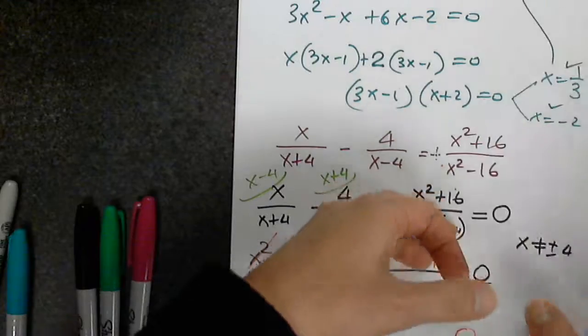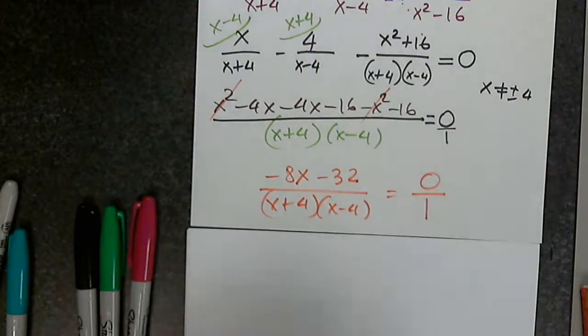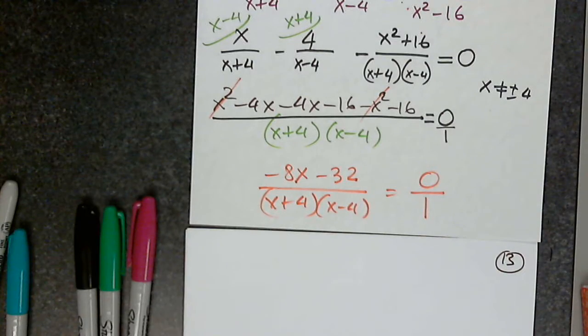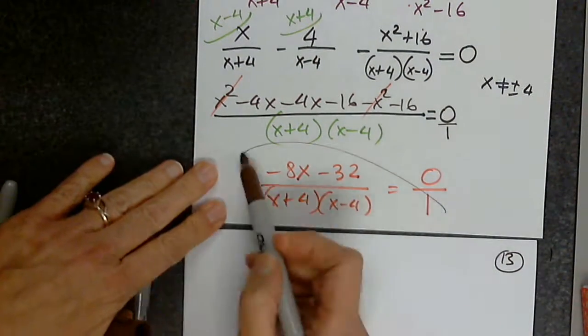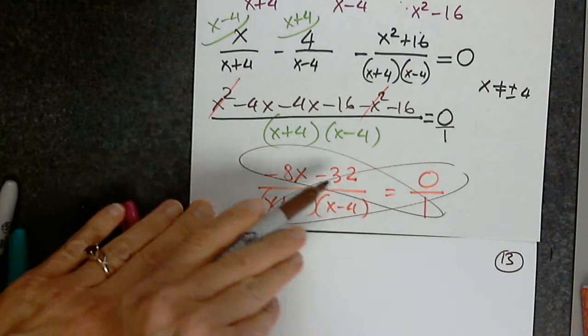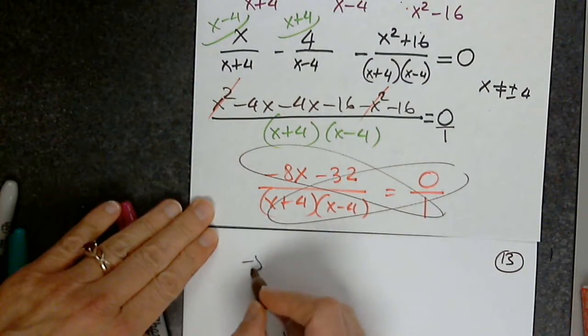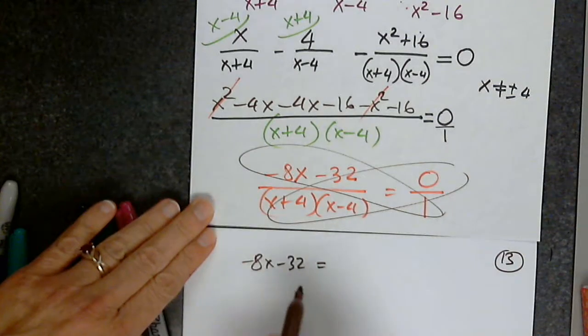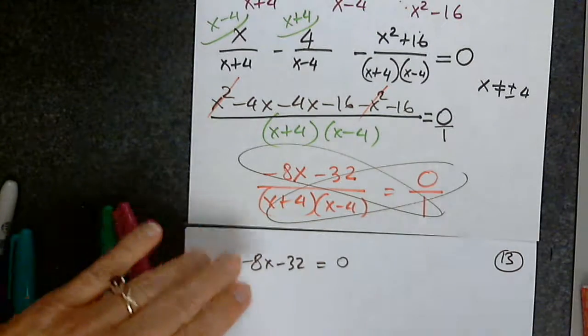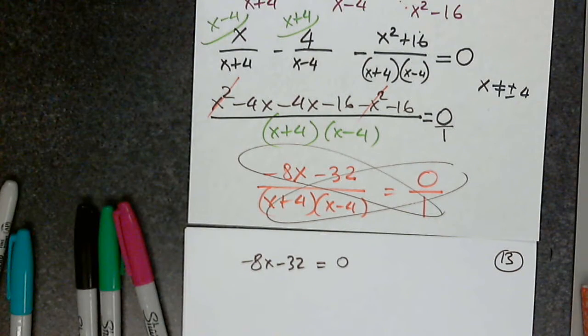So can anyone dictate what happens next? This is what happens next. This product is negative 8x minus 32. And this product, very good.